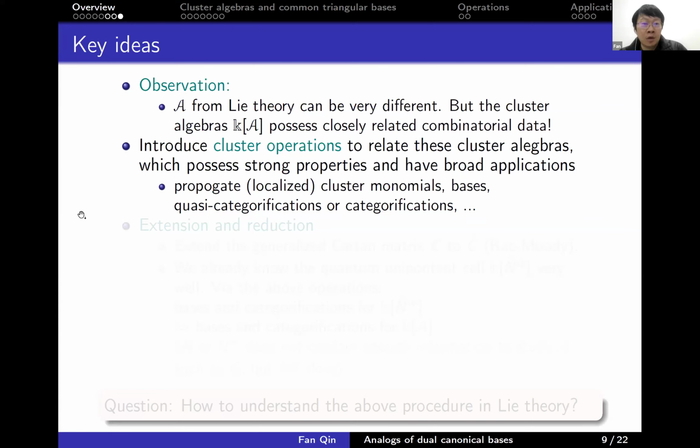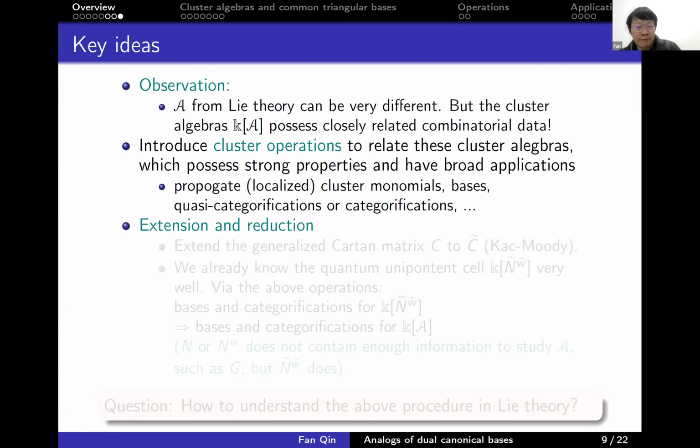Okay, and now to treat all these varieties, we use the following approach. We do an extension and reduction. Because recall that our varieties come from Lie theory, so there's a Cartan datum, there's a Cartan matrix associated with it, right? We first extend the Cartan matrix to some larger matrix, which must be of cominuscule type.